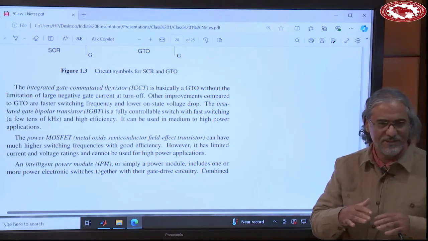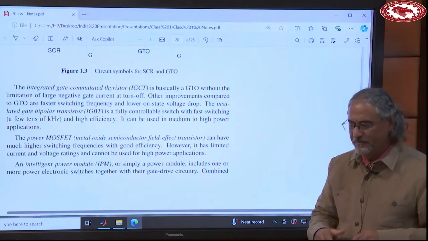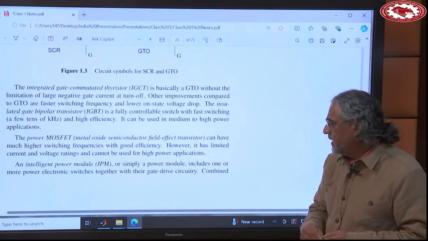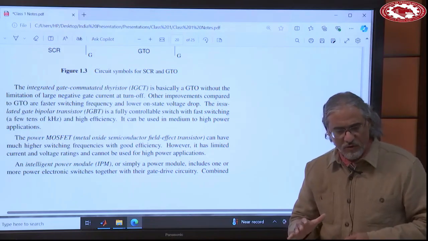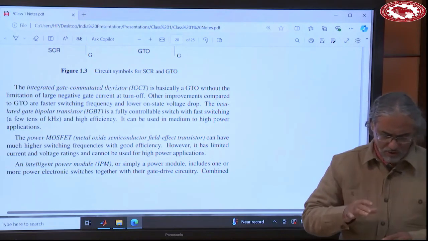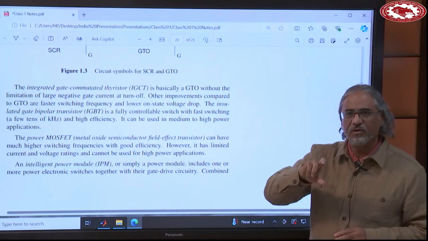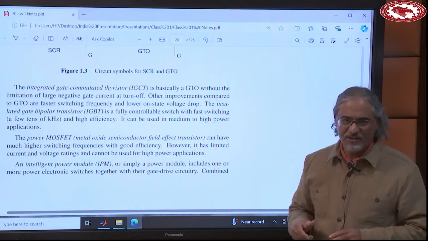So rated is the typical, but the maximum is slightly above the rated. So that's the current. For the voltage, when it is on, there is only a small voltage across that, but it's when it is off, how much is the maximum voltage that it can tolerate.